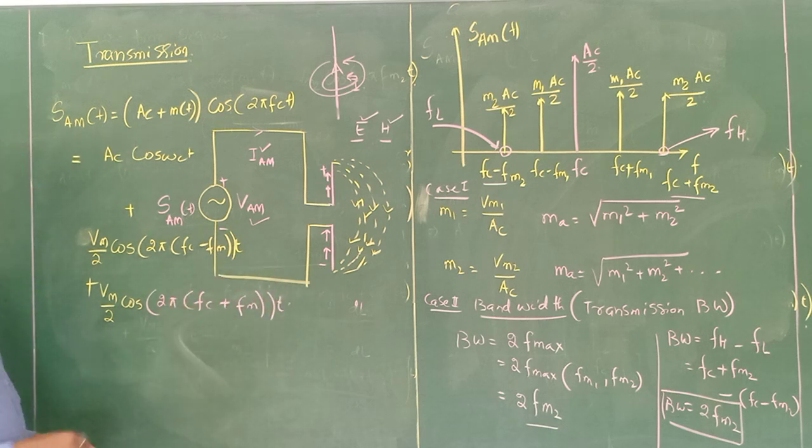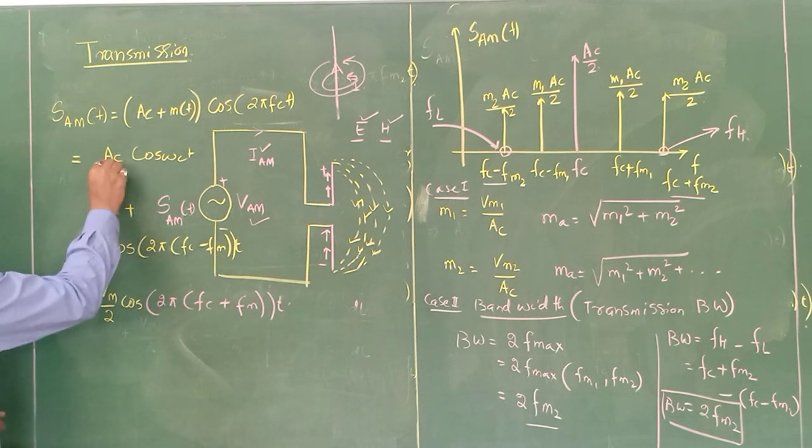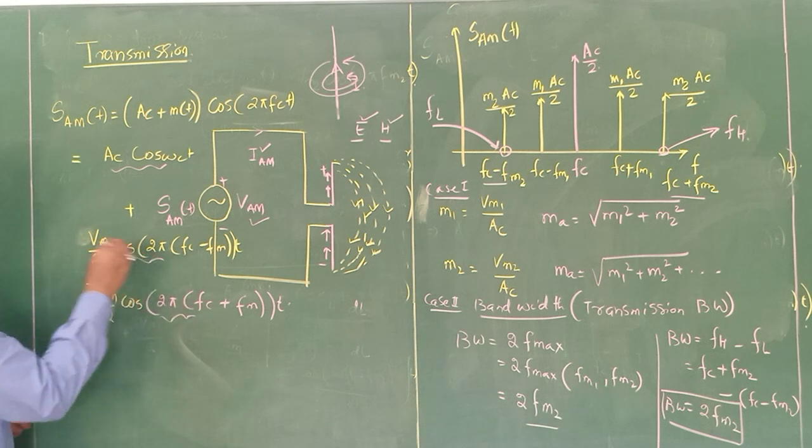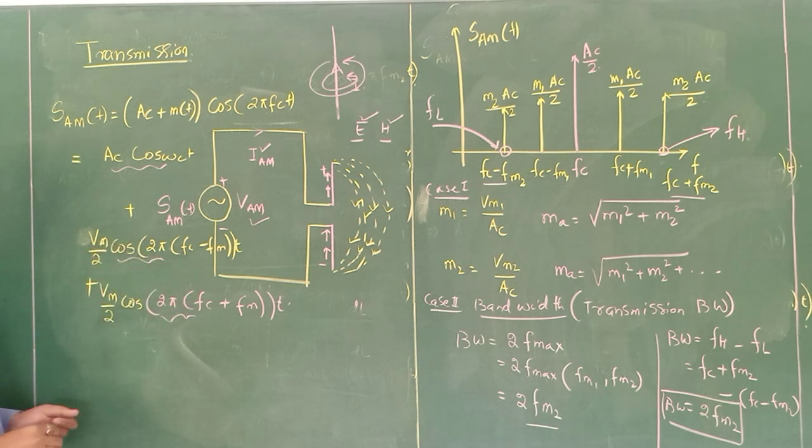Okay. So this is the AM signal. First the carrier is available and two sidebands are available, LSB and USB.